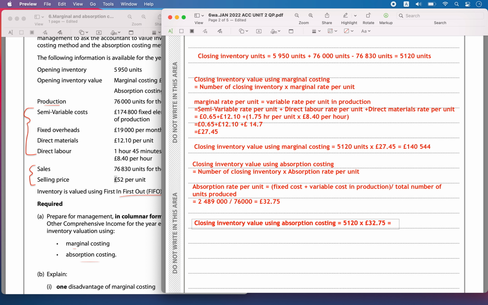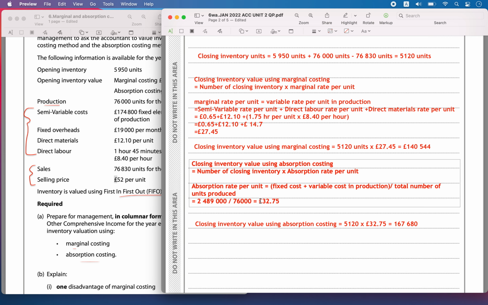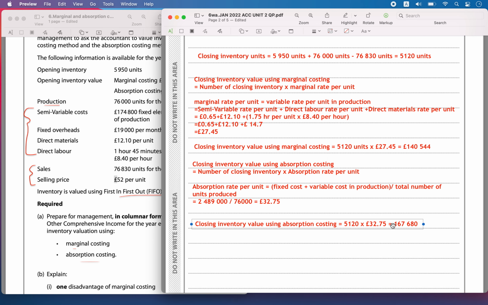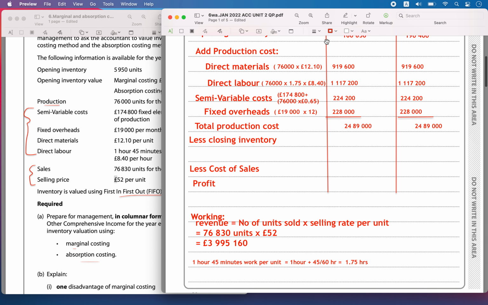So that is 32.75 into 5120, which is 167,680. So that is the closing value of the inventory using absorption costing.